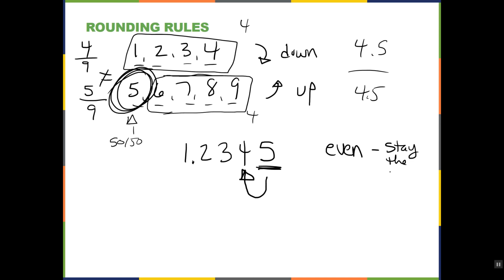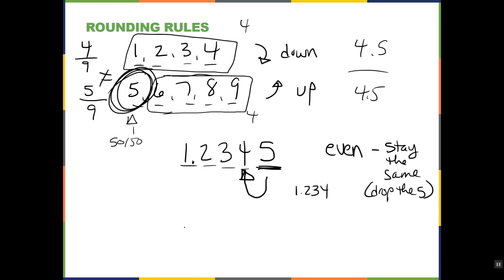In other words, you're just going to drop the 5. So like I said, you end in a 5, you look at the number before it, it's a 4, it's even. So we're going to stay the same. We're going to keep that. We're just going to drop the 5, and that's going to become 1.234.